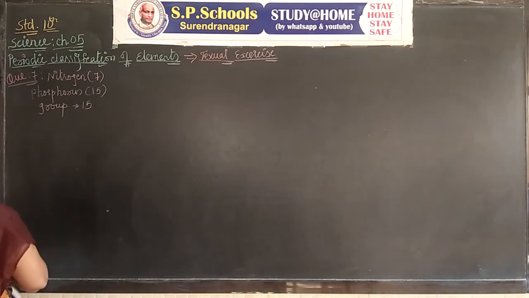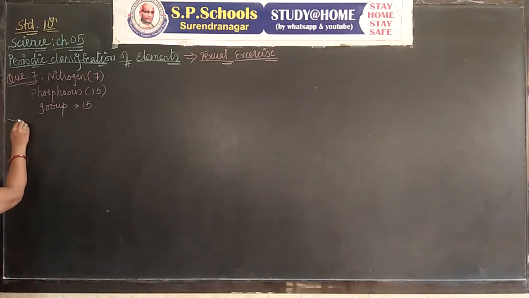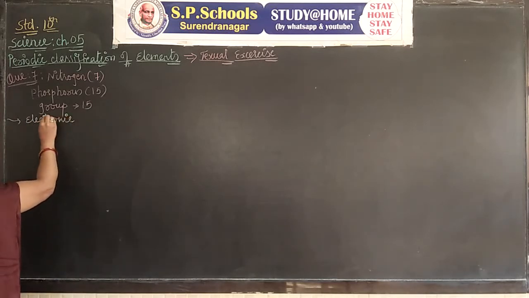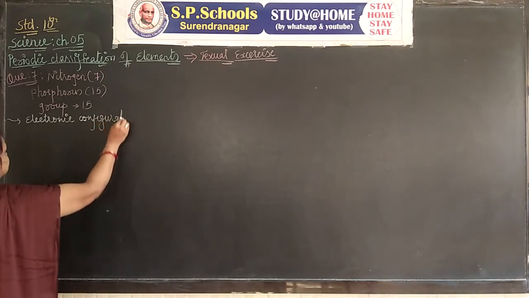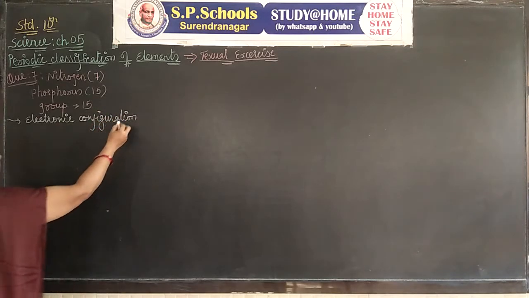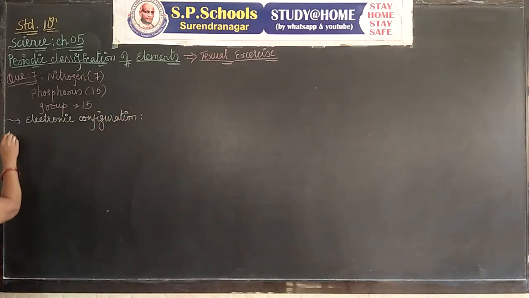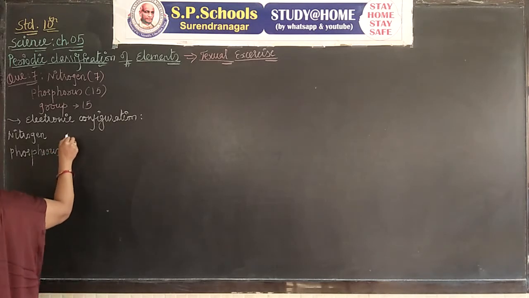First write the electronic configuration. Nitrogen, phosphorus.